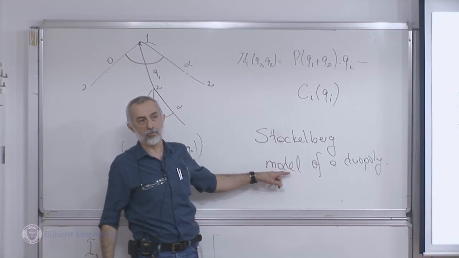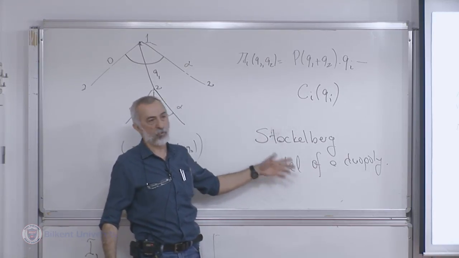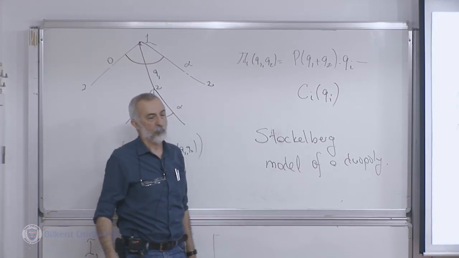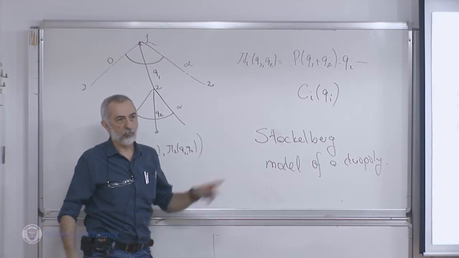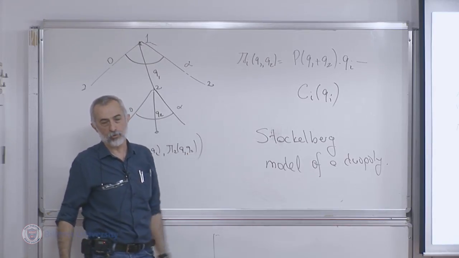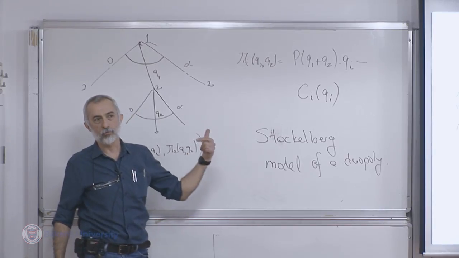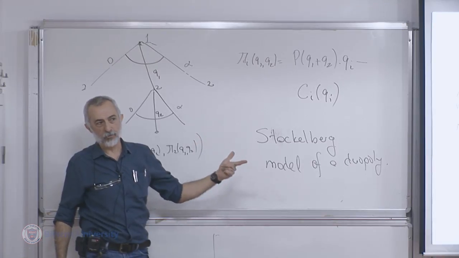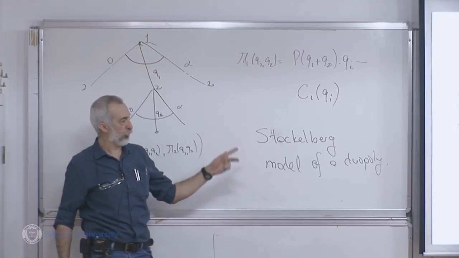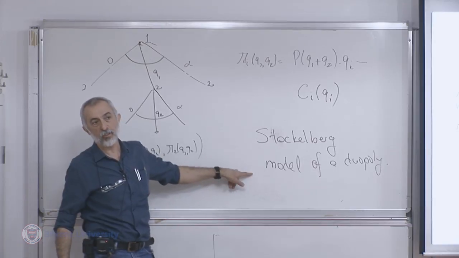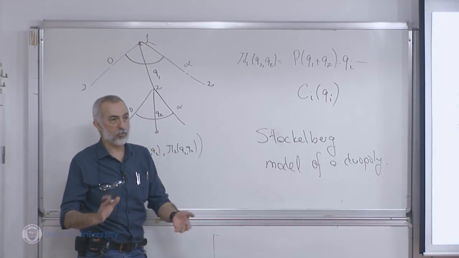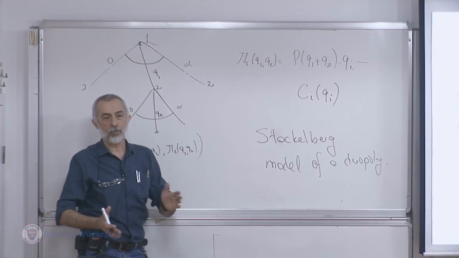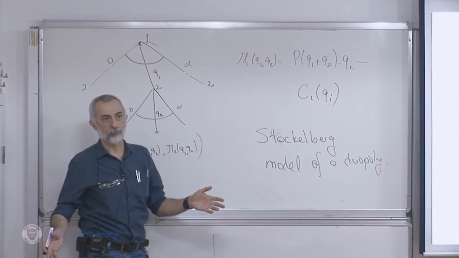We could call it a price setting Stackelberg duopoly. Stackelberg is the economist who introduced this concept. So we have Cournot, Bertrand, and Stackelberg, and two versions of Stackelberg: price setting, quantity setting. Any questions?